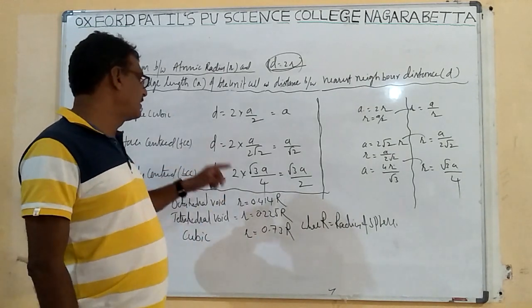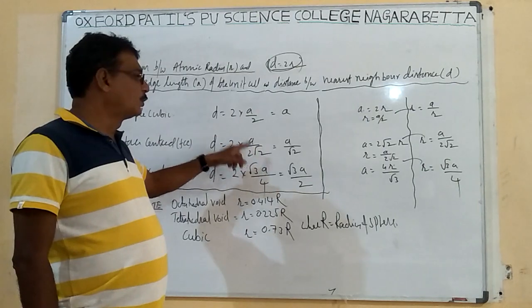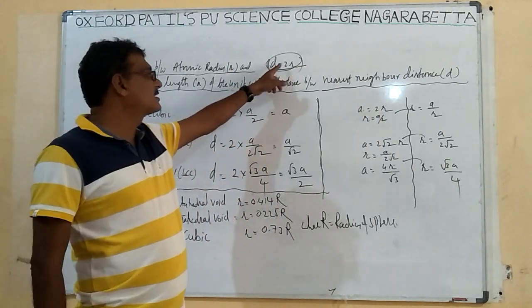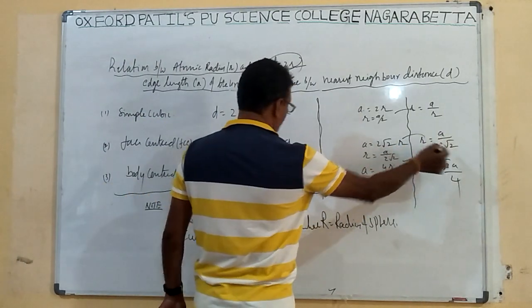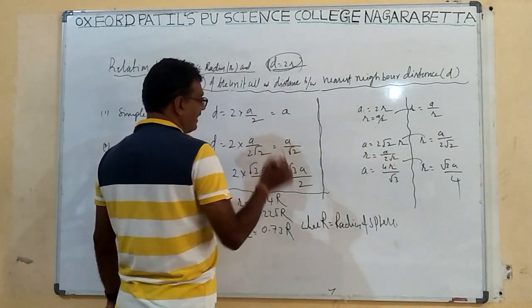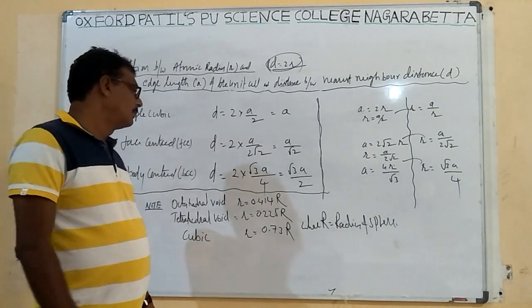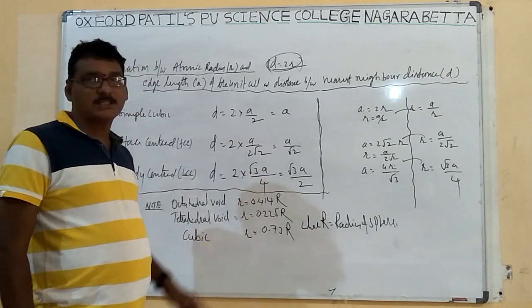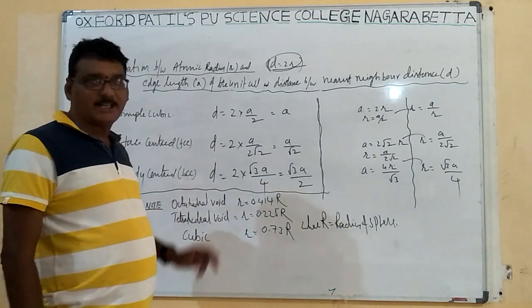Next one, face centered. 2 into a by 2 root 2, I am writing. Now d is equal to 2r, that is r plus r, which I am writing as a by 2 root 2 each. That is equal to a by square root 2. Third one is body centered.